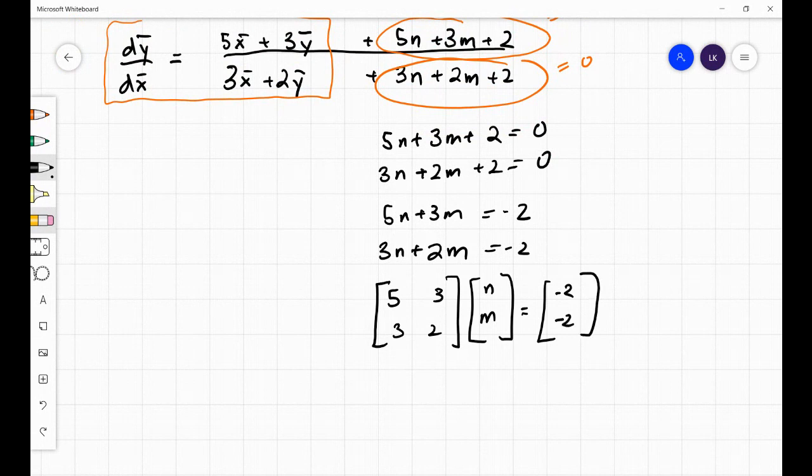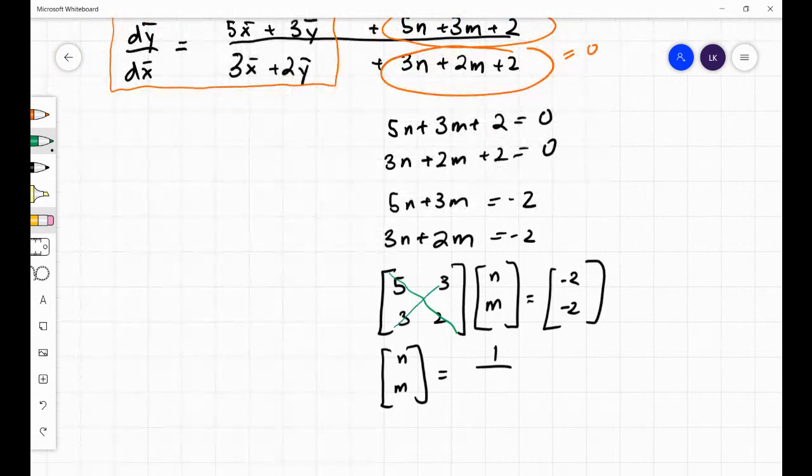And it looks like this matrix is invertible, its determinant is non-zero, so I can now multiply both sides by the inverse. So 1 divided by the determinant, which is 5 times 2 minus 3 times 3.